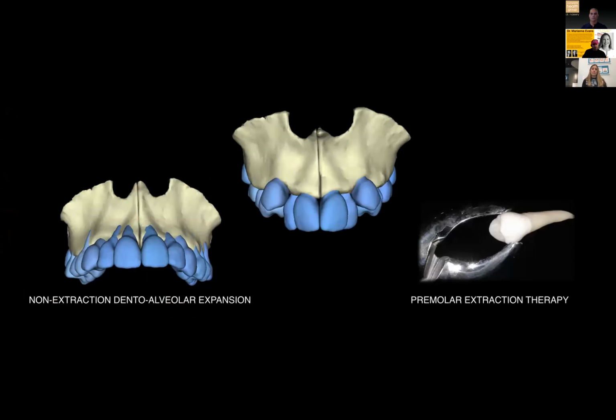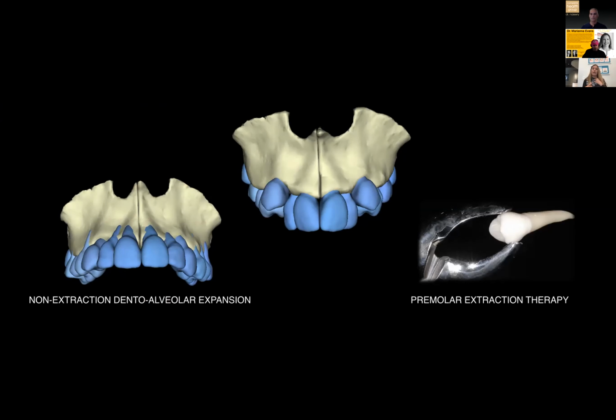Commonly, maxillary hypoplasia will also present with crowding. The historically common treatment for crowding in orthodontics is basically non-extraction dental alveolar expansion and premolar extraction therapy.